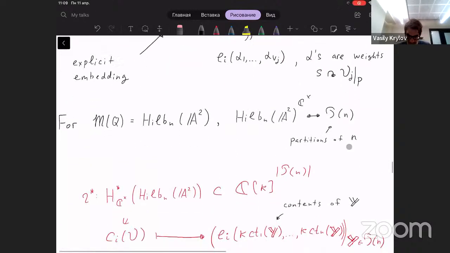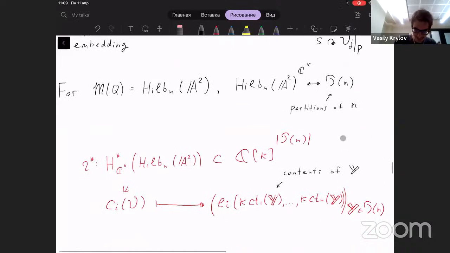Let me say this even more explicitly in the case of a Hilbert scheme. For the Hilbert scheme, our torus is one-dimensional. So our cohomologies are embedded inside just C[κ] to the power of the number of fixed points. The fixed points of the Hilbert scheme with respect to C^× are parameterized by partitions of n.